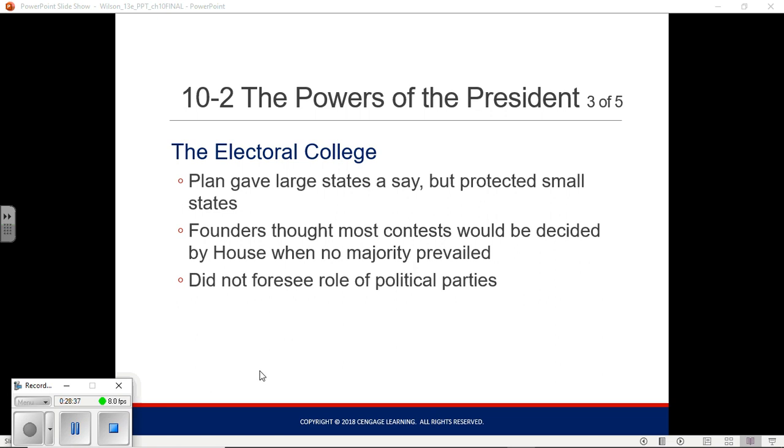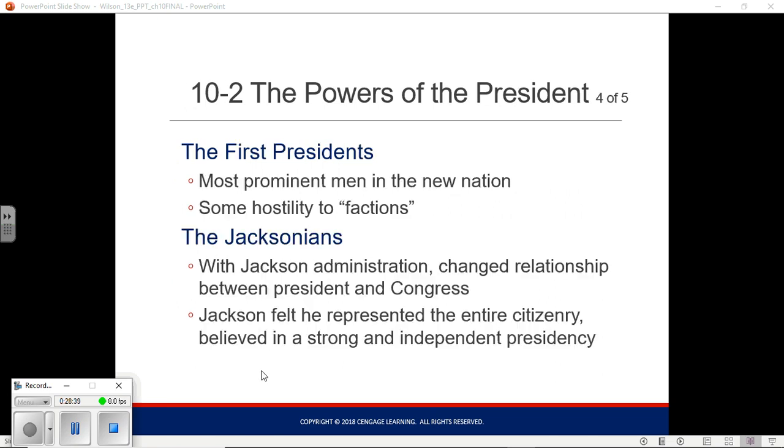Now, let's look at the evolution of the power of the presidency. Okay, and it goes in kind of chunks, right? There are eras to the presidency. The first presidents, the first 5 or so of them, all founding fathers. Some of them founding fathers who served in the war, like George Washington.